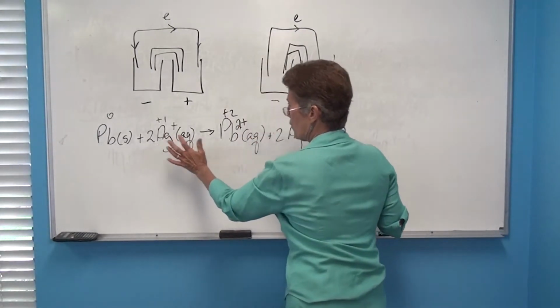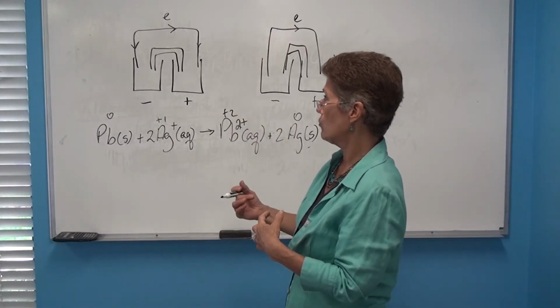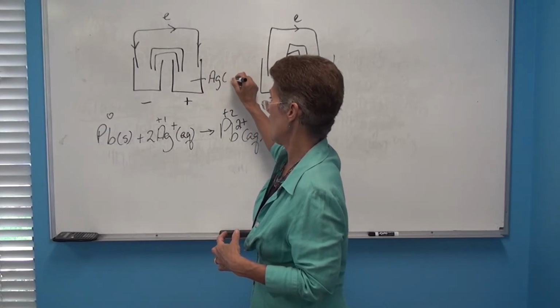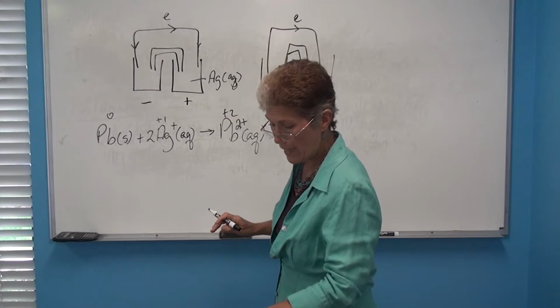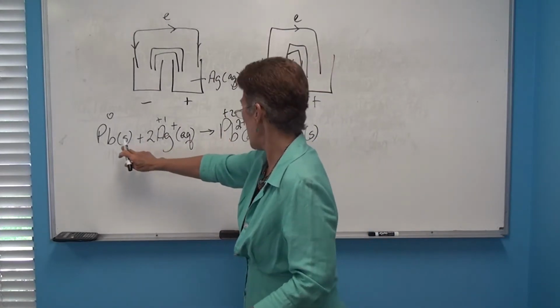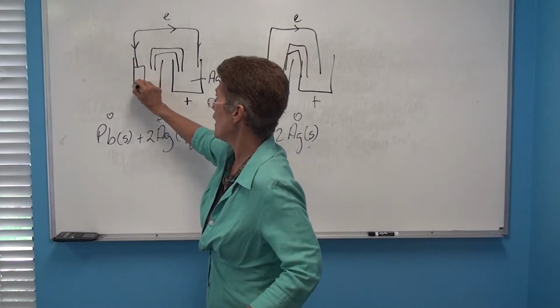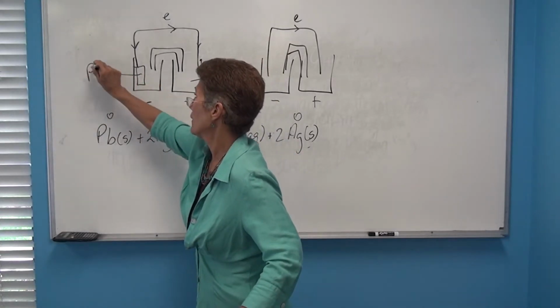The silver is being reduced, so it is receiving the electrons. So the aqueous silver has to be over here. And that means the lead, notice it's being oxidized. So this electrode over here has to be lead.